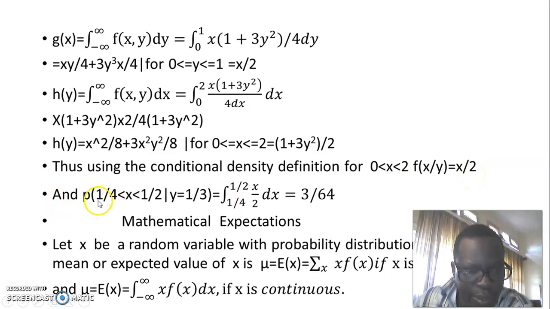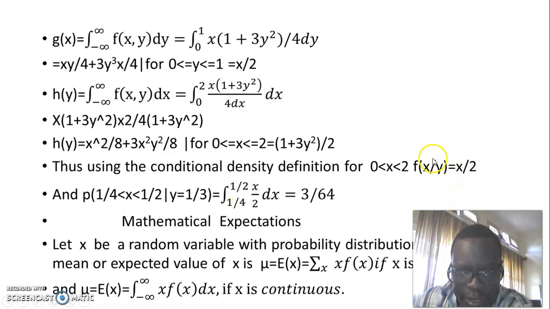And our probability that x lies between a quarter and a half, given y equals 3, is just going to be equal to the integral of x over 2 in the interval of x from a quarter to a half.